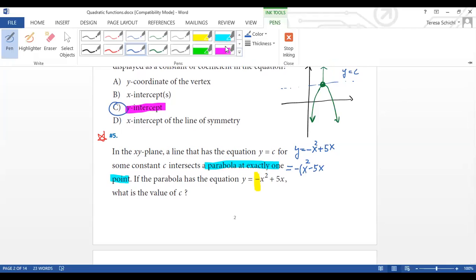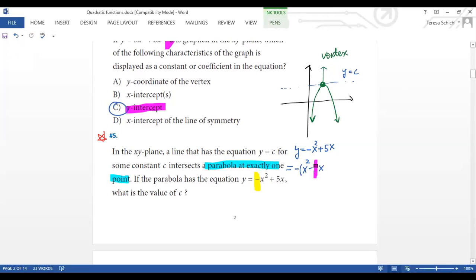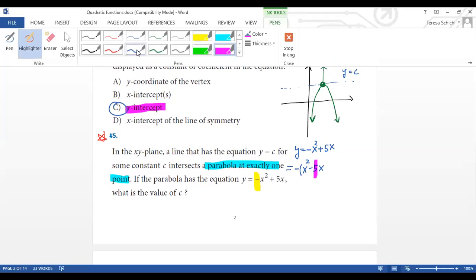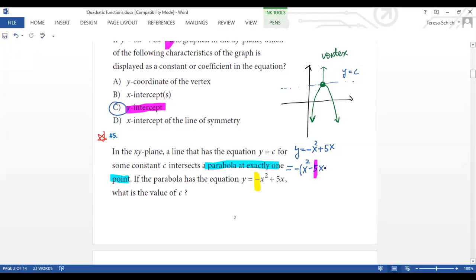Remember what completing the square is. The middle coefficient is 5, so you need to divide it by half, which is 5 over 2. Then you need to add 5 over 2 squared.